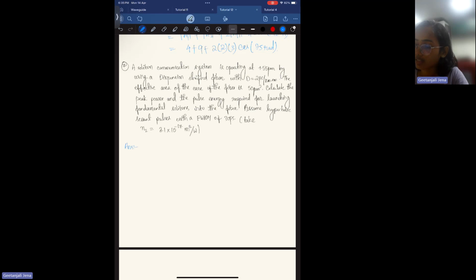The question asks to find the peak power P0 and the pulse energy required for launching a fundamental soliton into the fiber. It also says to assume a hyperbolic secant pulse with a full width half maximum of 30 picosecond, and take n2 as 3.1 into 10 to the power minus 17.